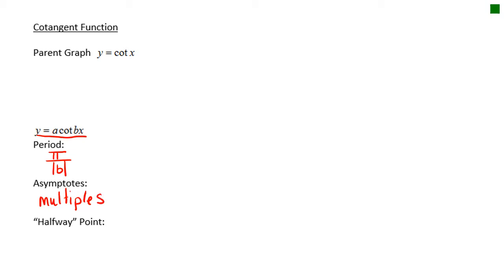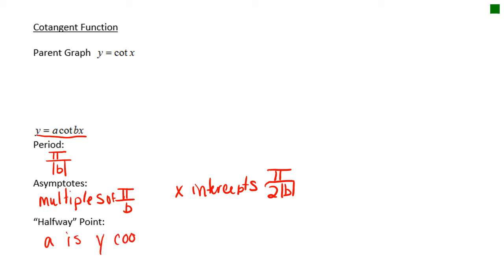So that's multiples of pi over b. And now x-intercepts where the tangent had asymptotes. So that's going to be pi over 2b. Right? But the halfway point will still be a as the y coordinate.